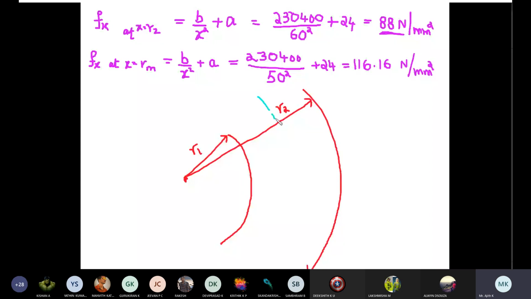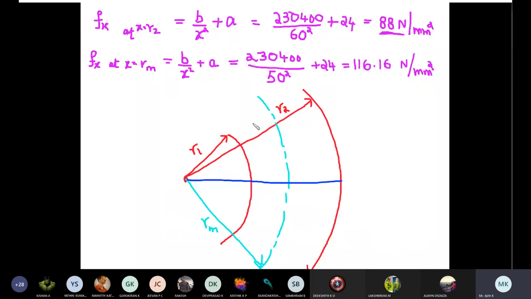This is the middle section. The radius of this middle section is Rm. Draw the line.